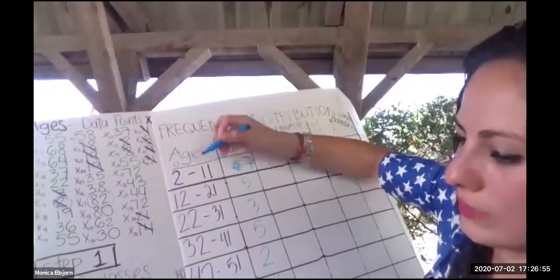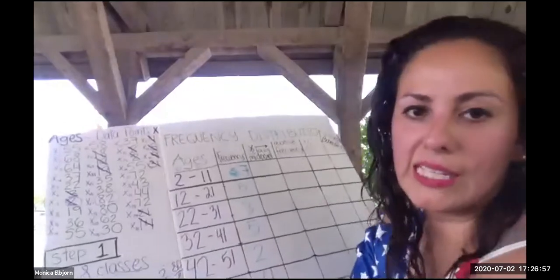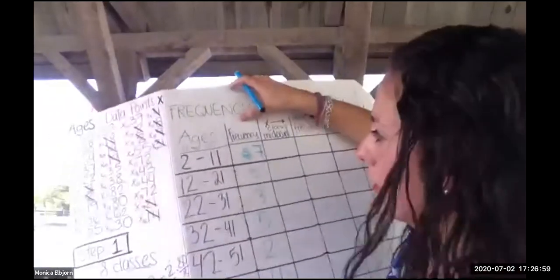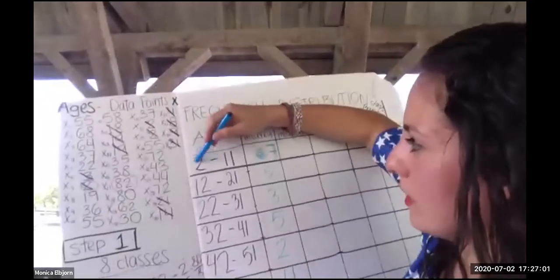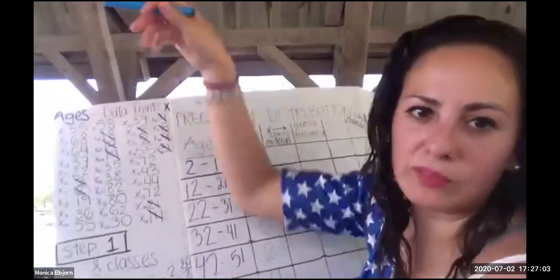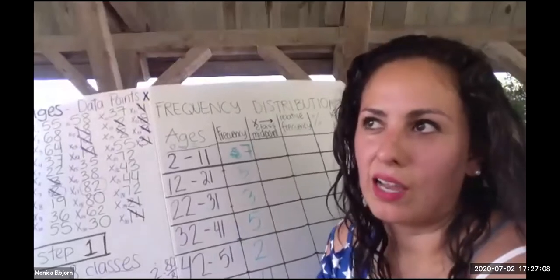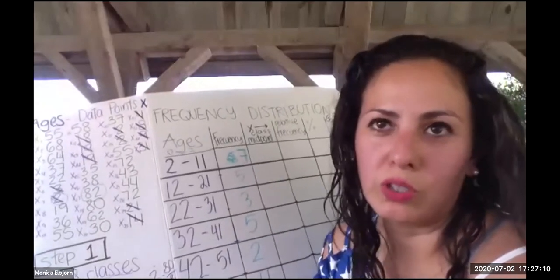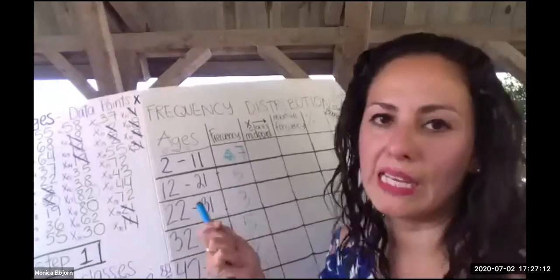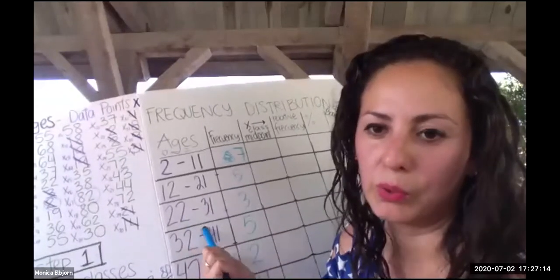So that's our frequency. Frequency is how many times we got something. Like with Fruit Loops, if we got 11 blue Fruit Loops in our sample, our frequency will be 11 for blue.